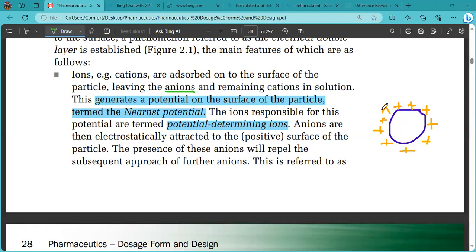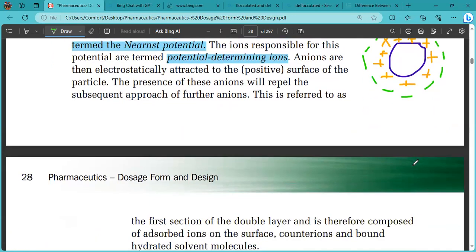So this positive charge will now attract the anions that are present in the solution. Now we shall have this negative layer. That will be what the individual particles of the suspension will look like.